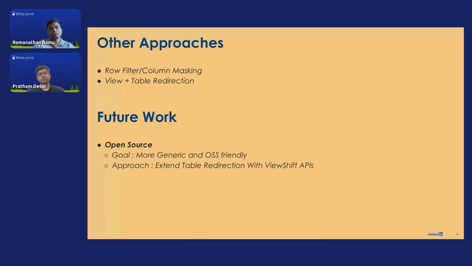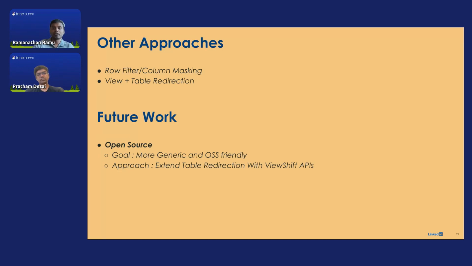So lastly, we wanted to talk about the other existing approaches in Trino, like the row filter and column masking, or the table redirection with the view combination, and why we implemented ViewShift. The main limitation with these approaches is that they are limited to Trino, while the main advantage we gain from ViewShift is its compatibility with other engines, as LinkedIn does data processing through multiple engines like Spark, Trino, and might potentially have other engines like Flink as well.